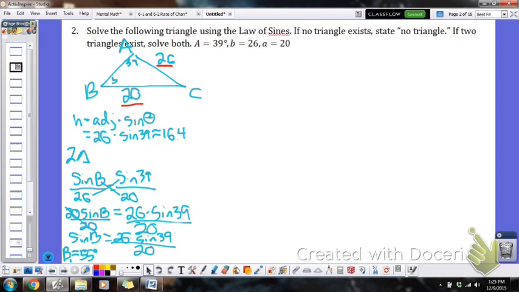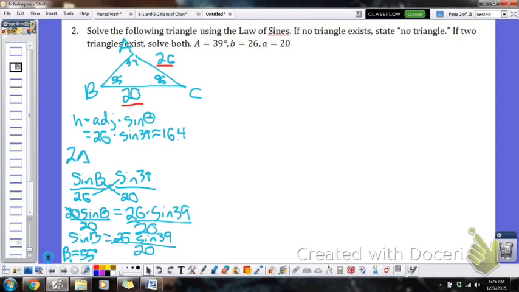So I'll put that into my triangle. And with that, I can find my first angle C. So 39 plus 55 is 94. Take 180 minus 94, and I get 86. So the first angle C is 86. And that is all three of my angles for my first triangle.